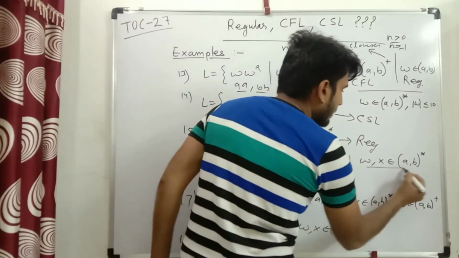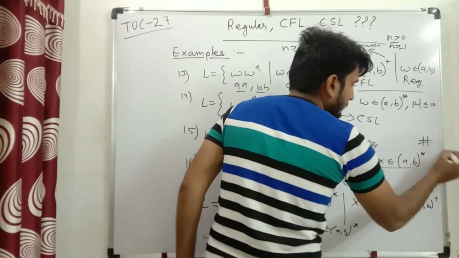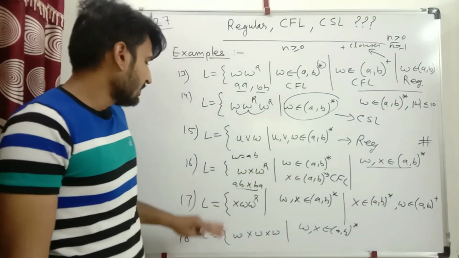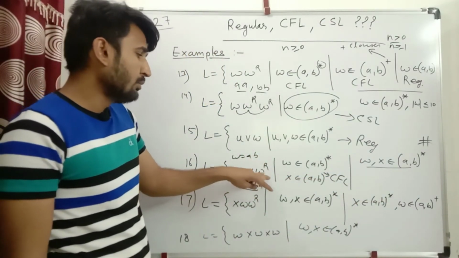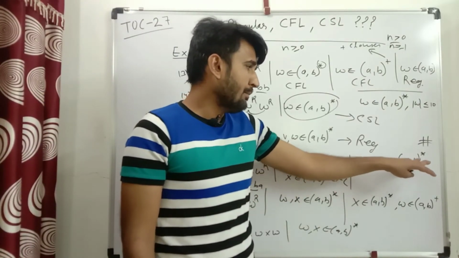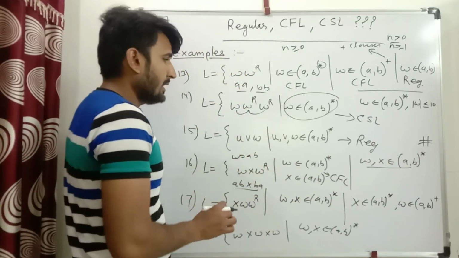Then tell me this. This is the most important example. Tell me which type the given language is. W X W^R, where W, X belong to {a, b} whole star. We take an example and see.